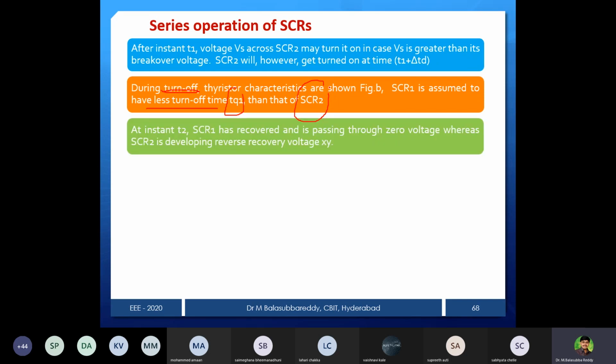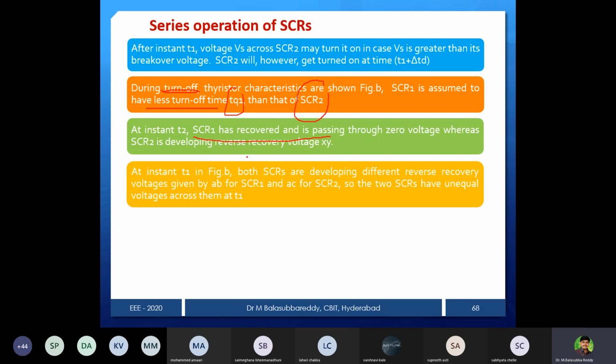Now you can see that SCR1 has reverse recovered and is passing through 0 volts, whereas SCR2 is still developing a reverse recovery voltage of some magnitude. That leads to one magnitude being AB and another magnitude being AC.